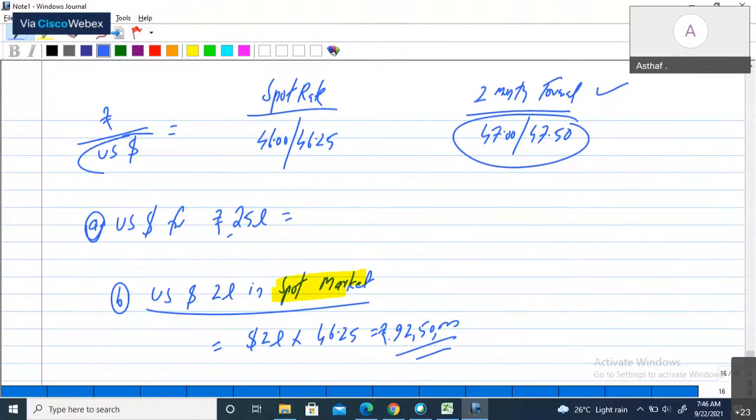You want to buy rupee. If you want to buy rupee, the bank is selling.